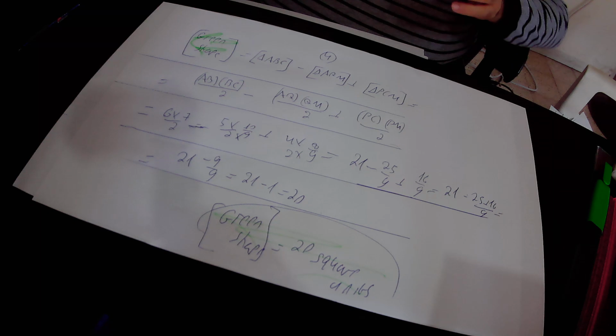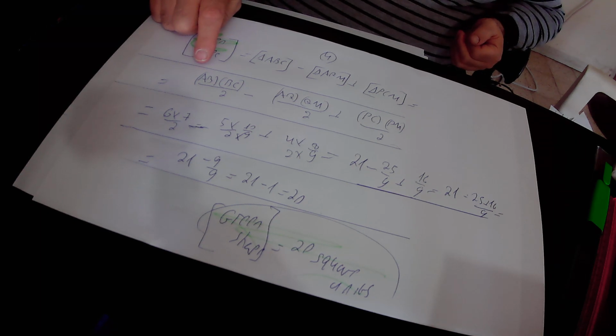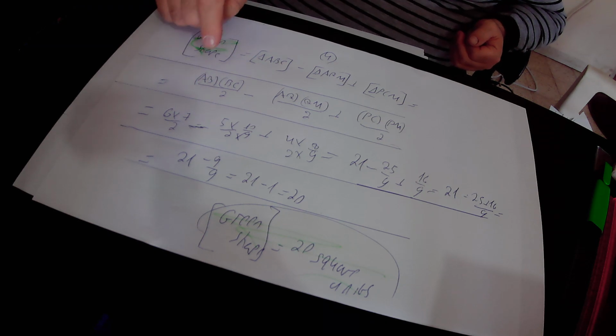So the area of triangle ABC equals AB, that is 6, times BC, that is 7, over 2.